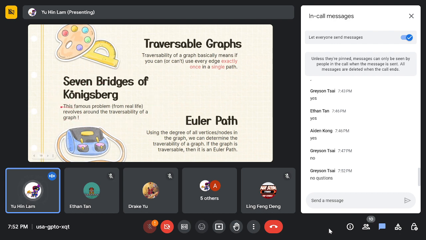It's a famous real-life problem, and it revolves around the traversability of a graph. Euler's path uses the degree of all vertices and nodes. I'll talk about how we find the degree later. We use that to determine the graph's traversability, or if every single edge can be used exactly once in a single path.